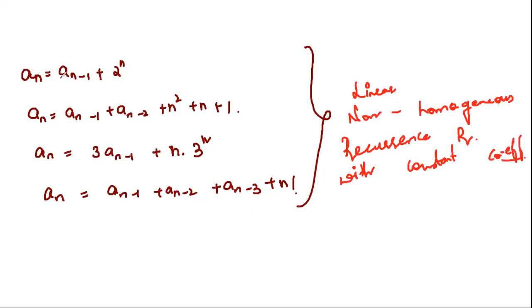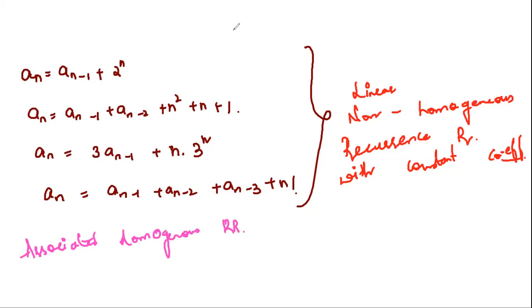Now, what is the reason they are linear non-homogeneous? Because we have these functions of n in each case. Now, the question is, what are the associated homogeneous recurrence relations in each case?